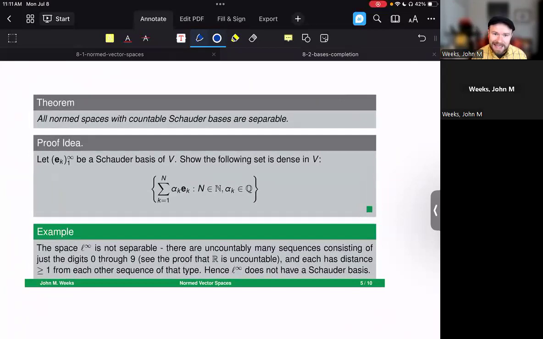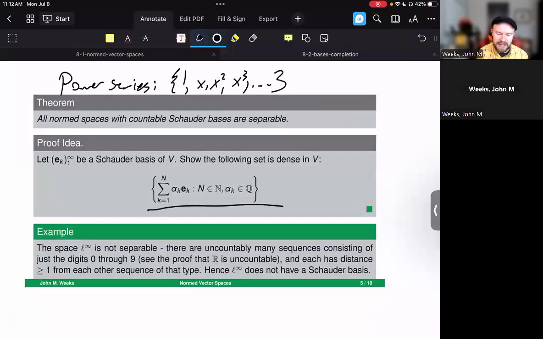We can actually say the same thing about the space of power series because they are going to have a countable Schauder basis. And that Schauder basis is going to look like this. The Schauder basis for the space of convergent power series is the same basis, 1, x, x squared, x cubed. And because this is countable, this theorem applies for this. And the way that we do this is we take this following set, which, notice a few things about it.